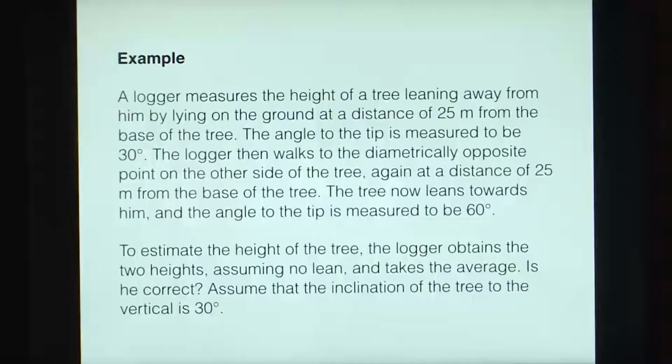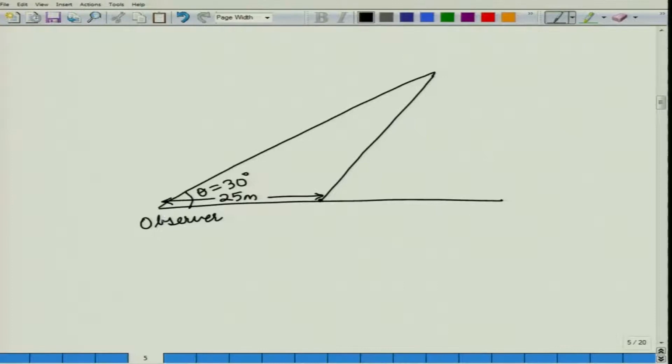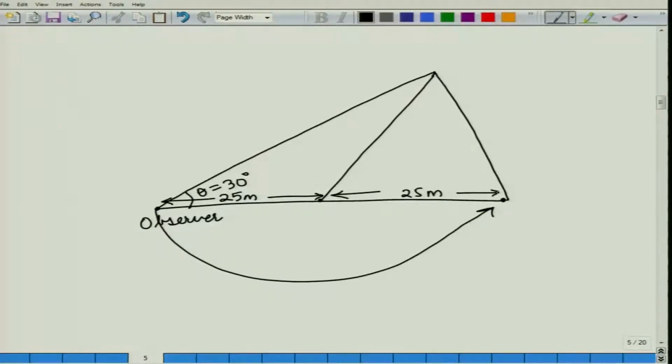Now, in the question it says, the logger then walks to the diametrically opposite point on the other side of the tree, again at a distance of 25 meters from the base of the tree. So, what the logger has done is, he has moved from the first position to another position that is diametrically opposite. This position again is at a distance of 25 meters from the base of the tree and is again measuring the angle of elevation of the tree.